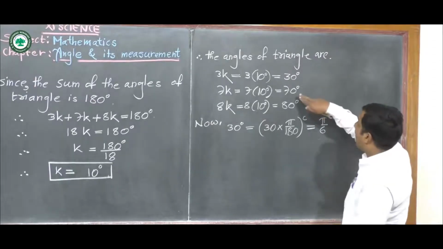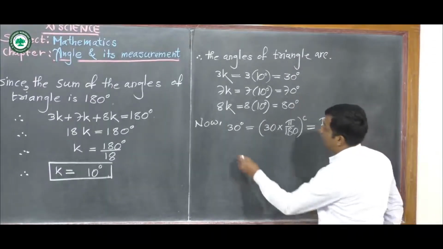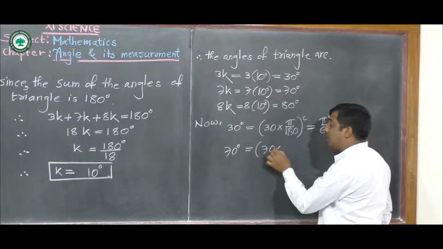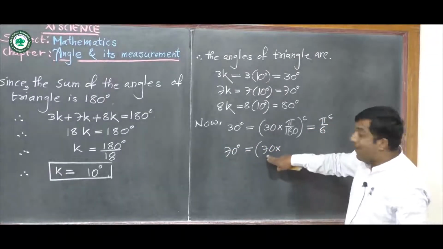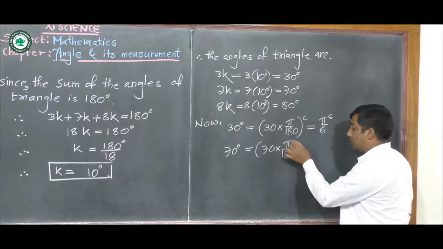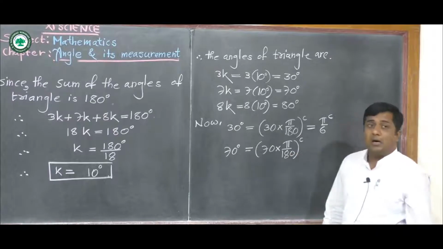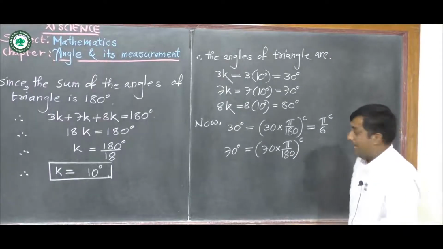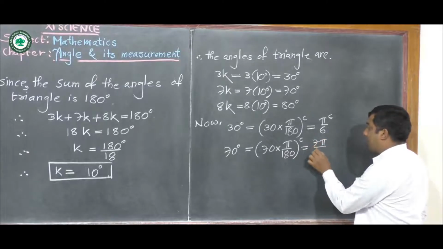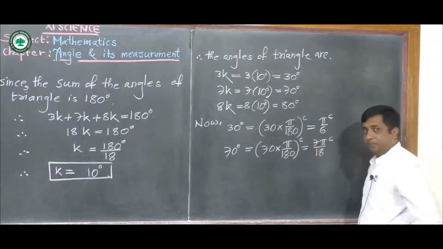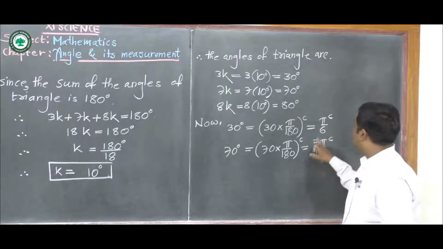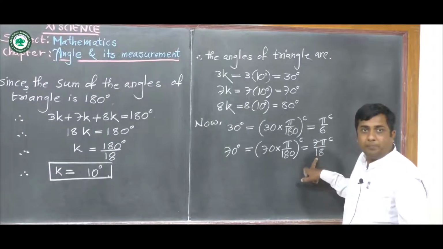Then the second angle is 70 degrees, and to convert this degree measure into radian measure, we multiply 70 by pi by 180 radian. This is equal to 7 pi by 18 radian. Remember, 70 upon 180 is 7 upon 18.